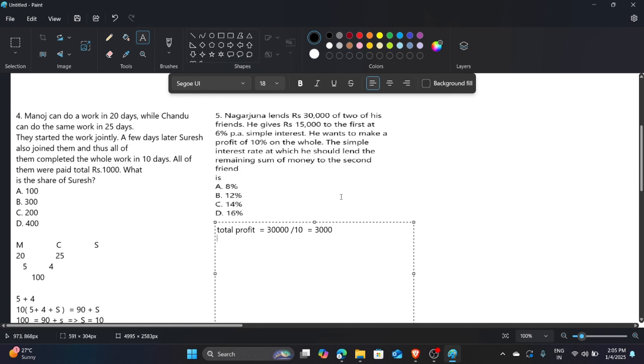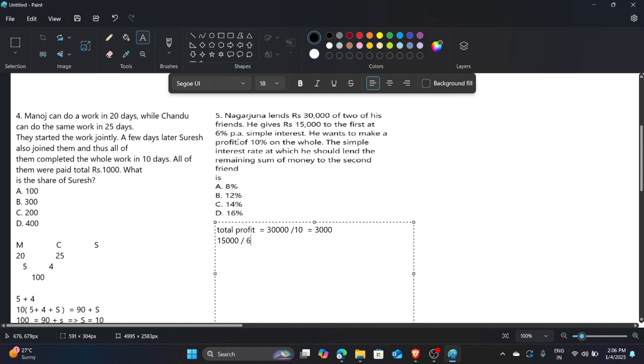Now, if he gets 6% profit on 15,000, because the first 6% is simple interest, he lent it at 6%.